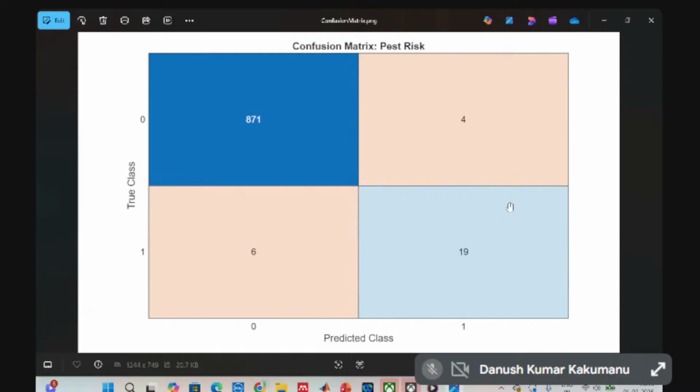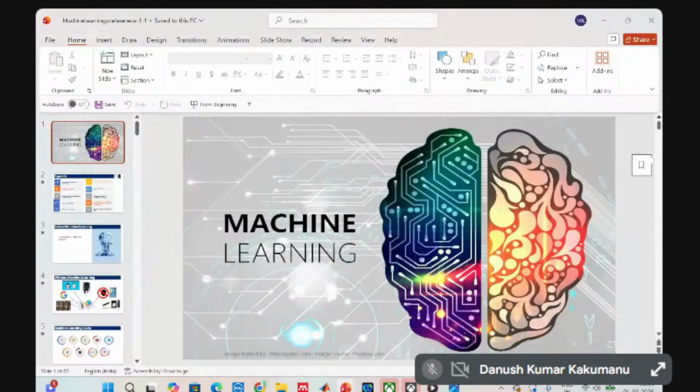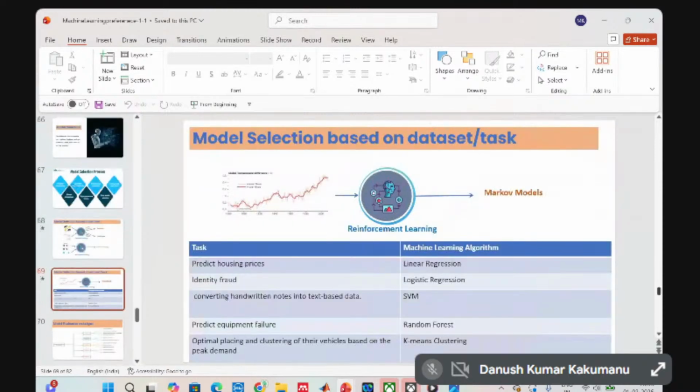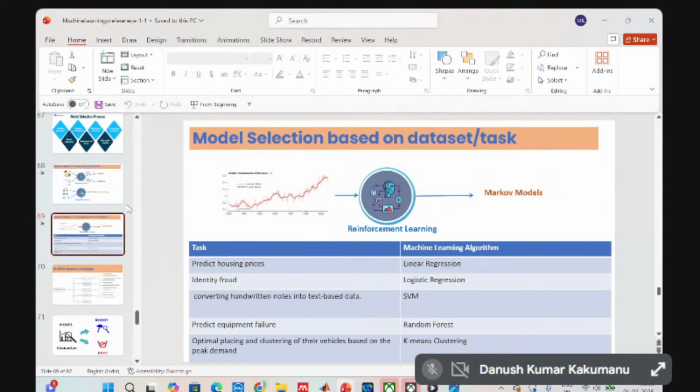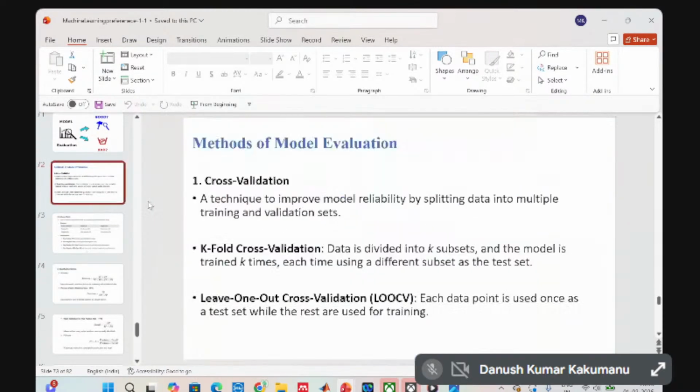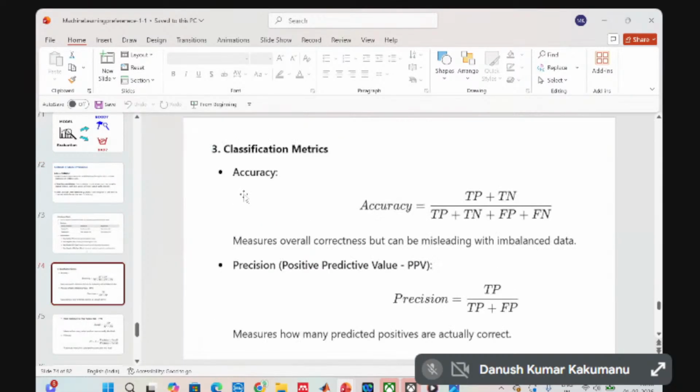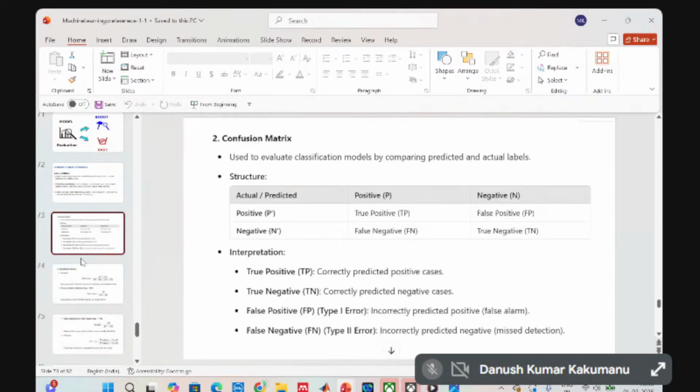Okay, already it has been done and more time is taken. In the methods of model evaluation, you will be having the confusion matrix.